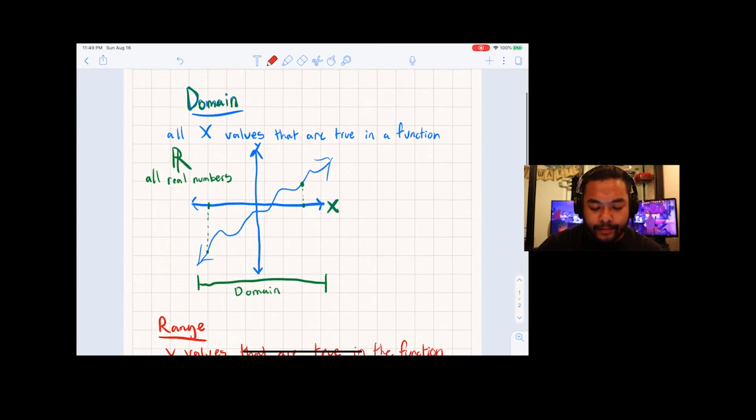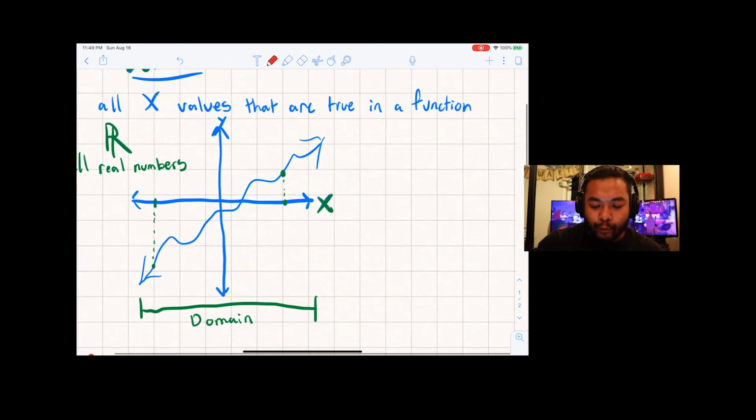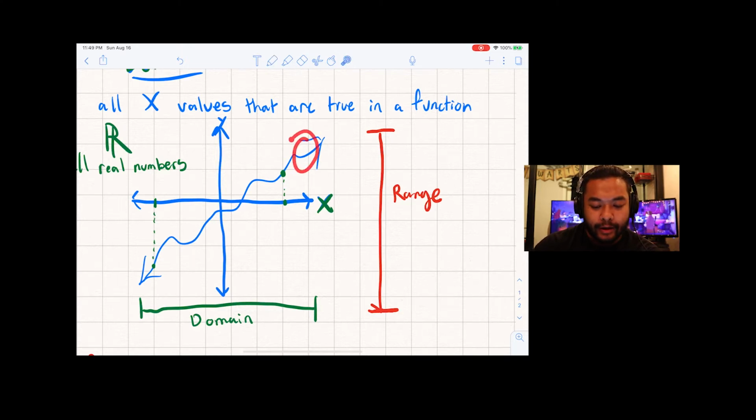So in this case, my range, or the y values, is talking about if I went somewhere over here, maybe, and I tried to find a point and said, well, is there a y value there that is true?